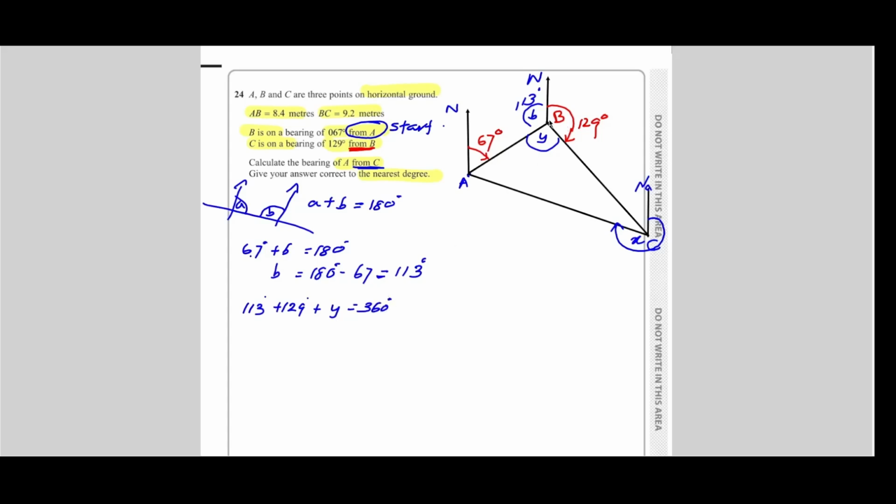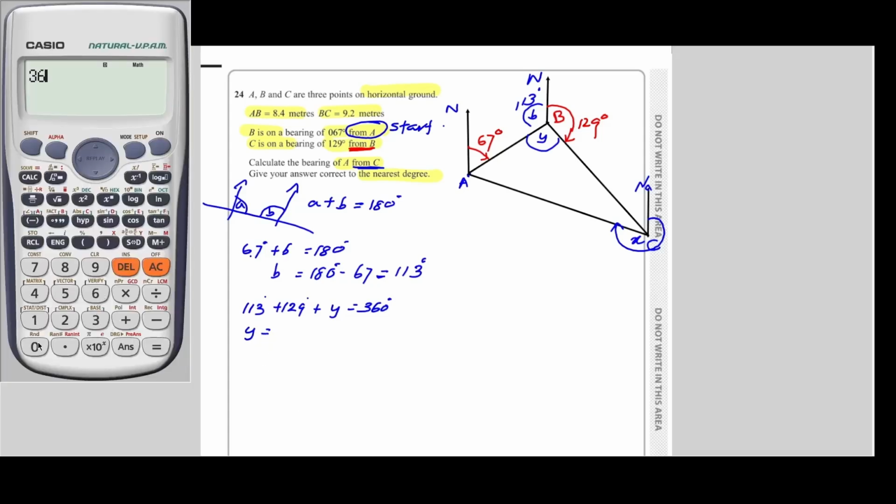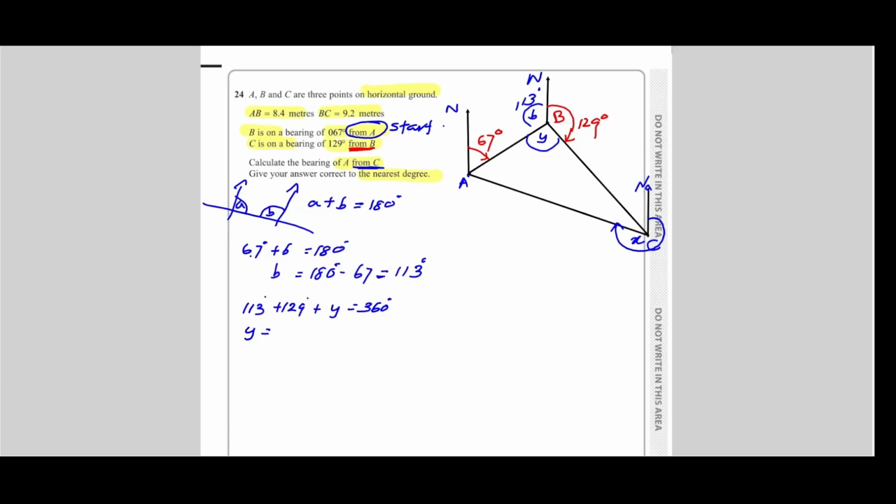Angles at a point add up to 360 degrees. Then we can get Y using the calculator: 360 minus 113 minus 129 equals 118 degrees. So we got this one as 118.